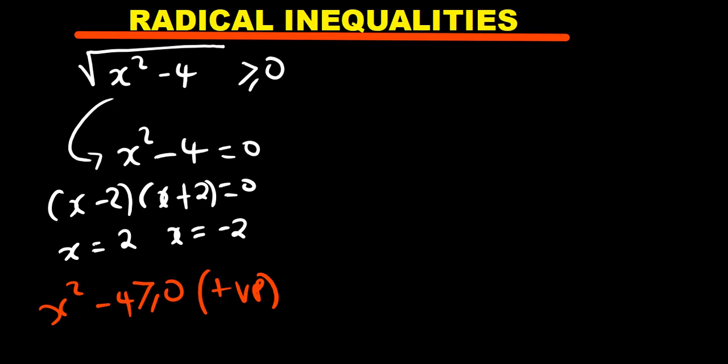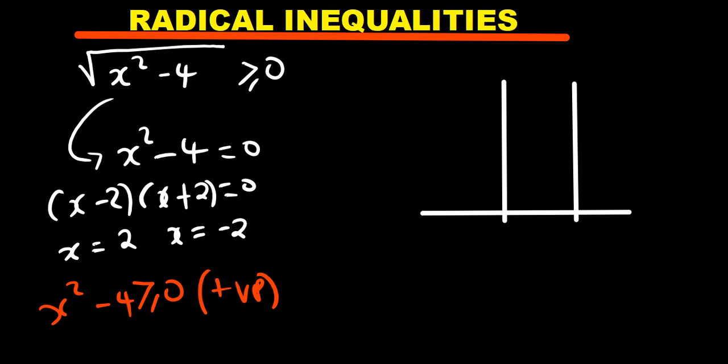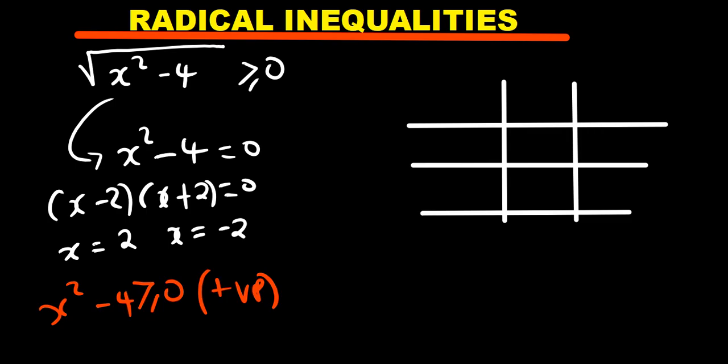We have to first find our solution set to see where our solutions lie. So if we draw our solution set, since we have two values, we'll have two equations, x minus 2 and x plus 2.